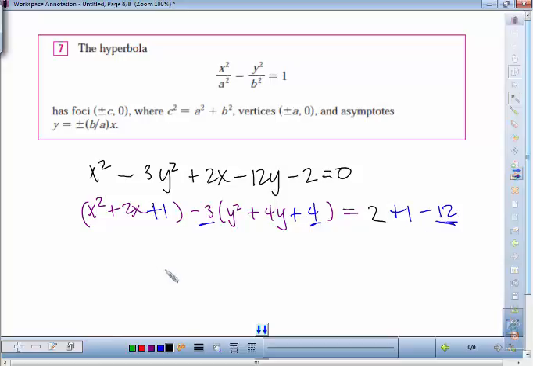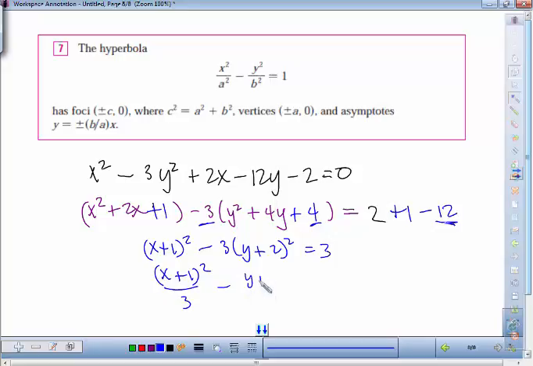All right, good. So anyways, I have x plus 1 squared minus 3 times y plus 2 squared is equal to 3. And so I have x plus 1 squared over 3 minus y plus 2 squared is equal to 1.